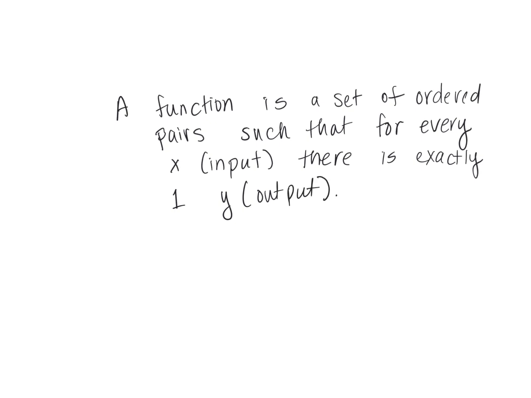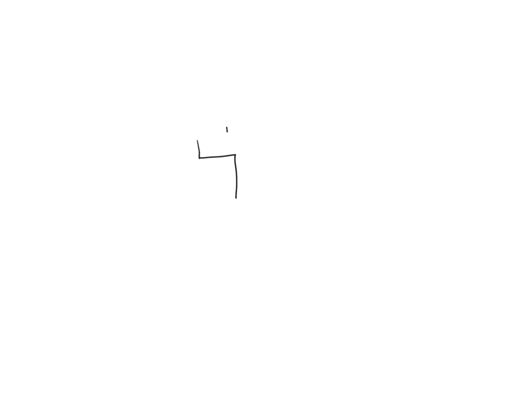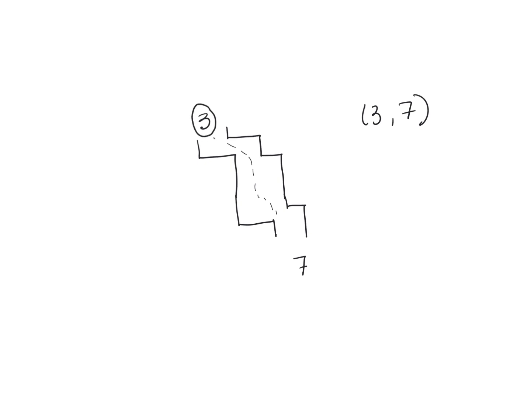We often talk about functions in terms of a function machine. If I put a value into a machine and it changes that value in some way, I put 3 in, I get a 7 out. Then 3 is my input and 7 is my output. And every time I put 3 in, I have to get 7 out. If sometimes I put 3 in and I get 5 out, then the machine's not functioning.